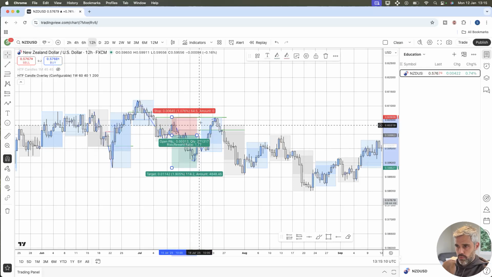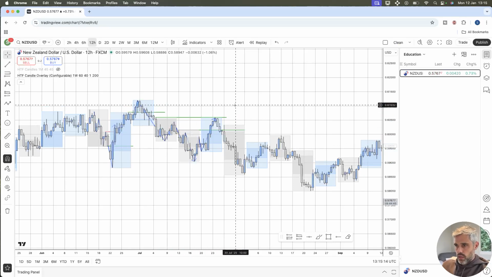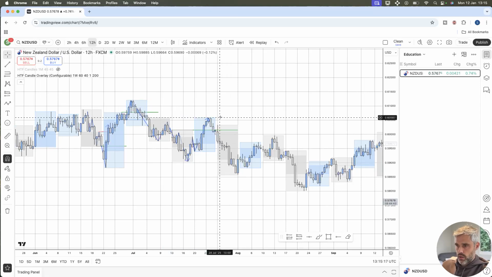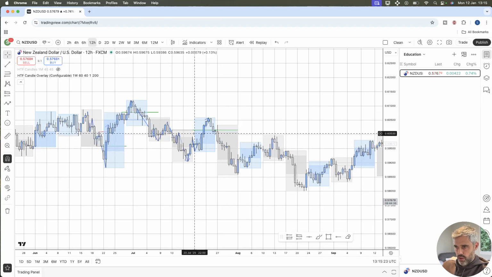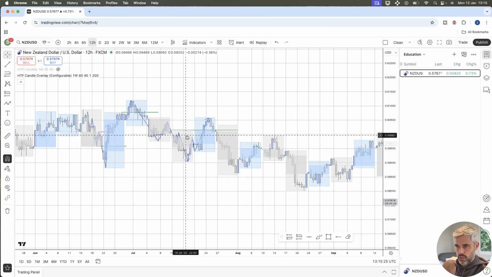All of those traders have been trapped and liquidated before we actually get the move. And what you see is that at the point that this particular candle closes, we then have a confirmed liquidation or a sweep, liquidity sweep, of this candle and this candle.